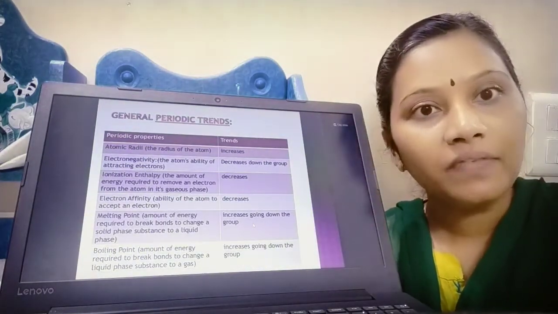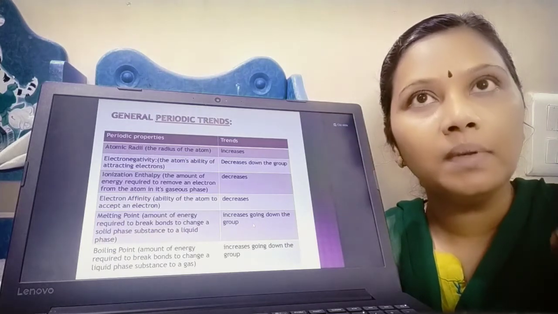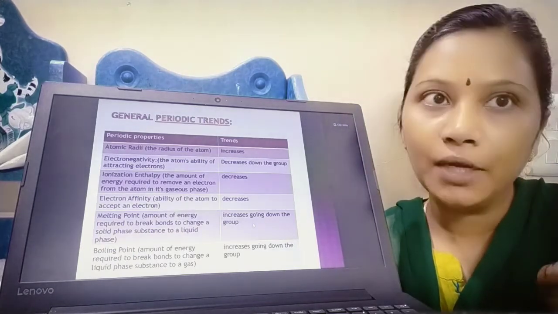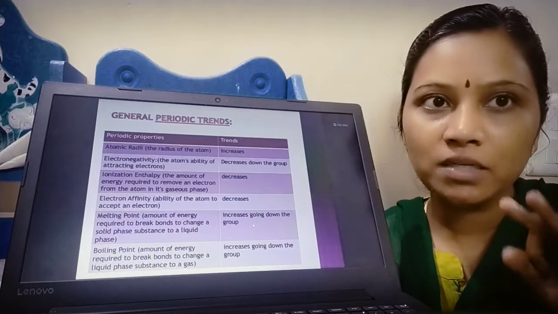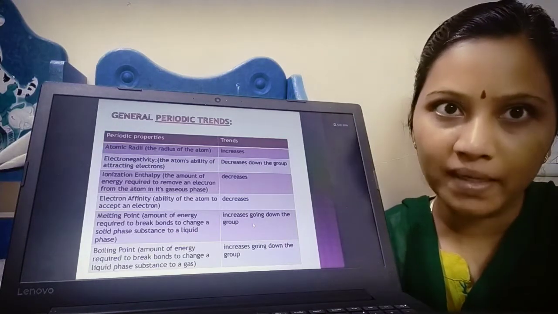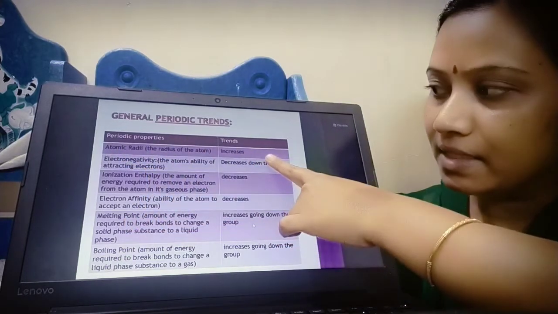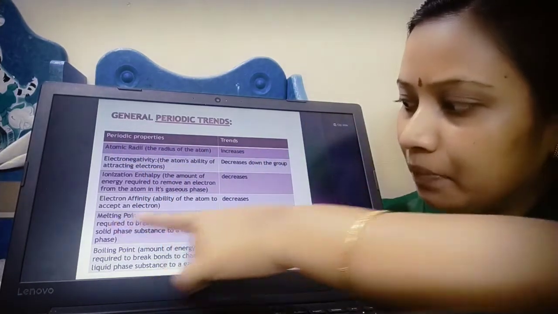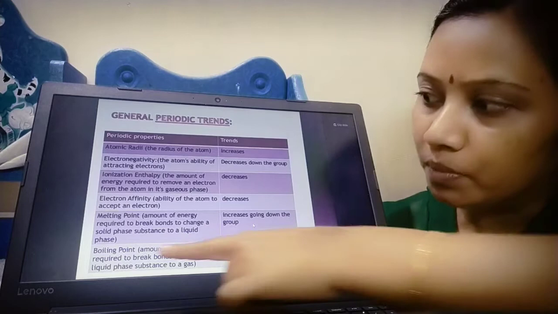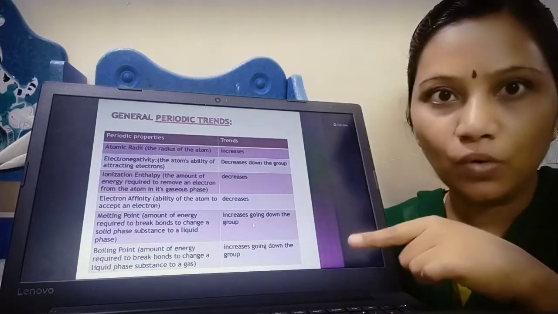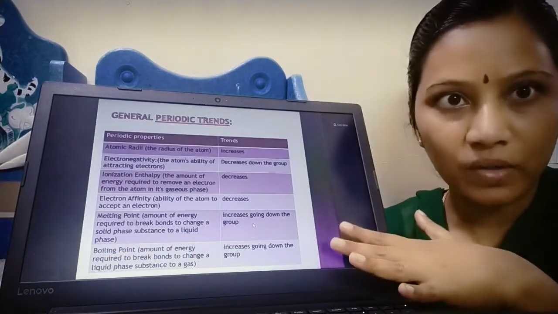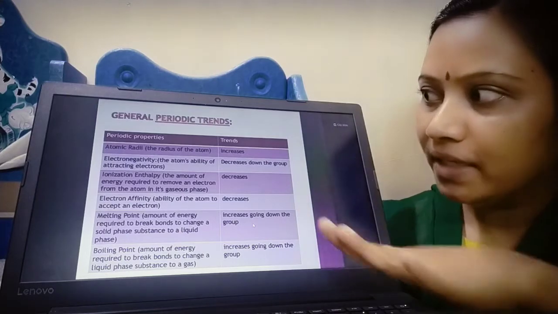This is the trend in the periodic table. As we saw the trend in the periodic table for the nitrogen family, I told you atomic radii, melting point and boiling point increase while all other properties decrease. Same thing here also. See, atomic radii increases. Then melting point increases as we move down the group. Boiling point increases as we go down the group. I have told you the definitions for all these. Now, which are going to decrease?